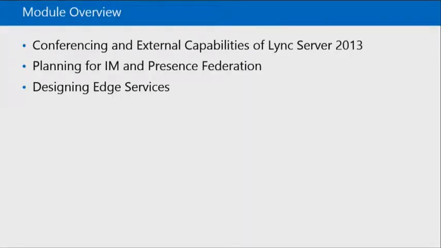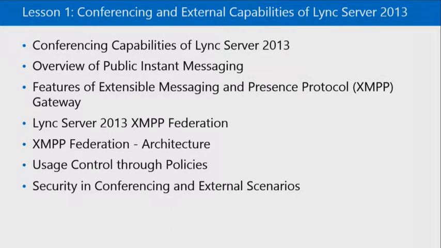It's making sure your conferencing and external capabilities are there and what you need to do in 2013 to get those. You really want to think about planning for IM and presence federation. And then you want to talk about what it takes to design an Edge server. So first and foremost, we're going to talk about the conferencing capabilities in Lync Server 2013.